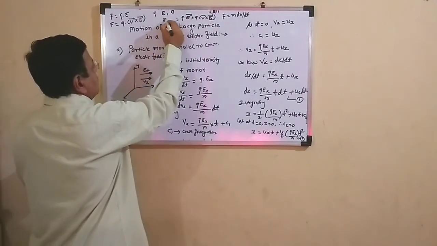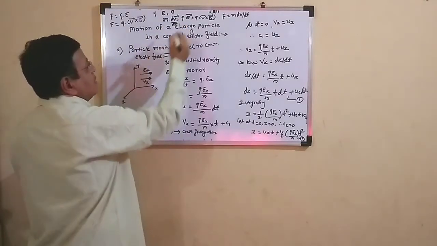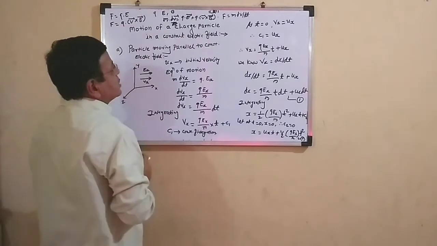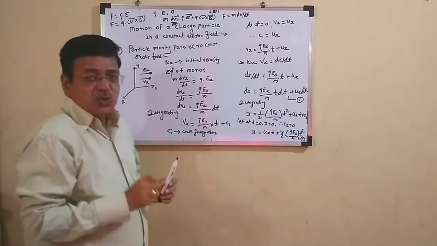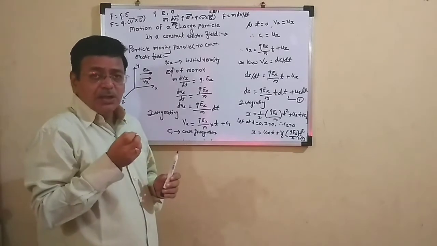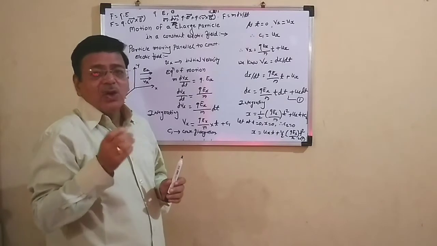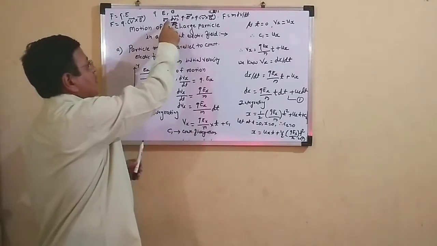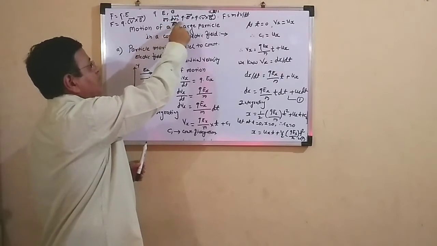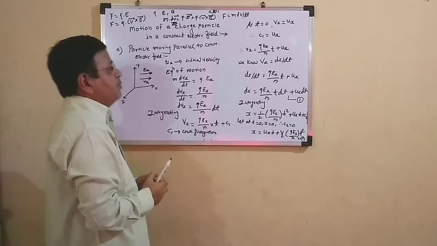So under the action of the Lorentz force, we get the equation M into dV by dt is equal to Q into E plus Q into V cross B. That is the force acting under the action of the Lorentz force.